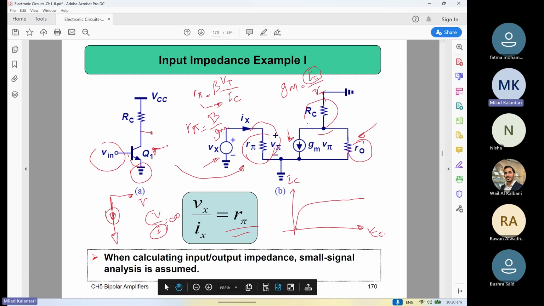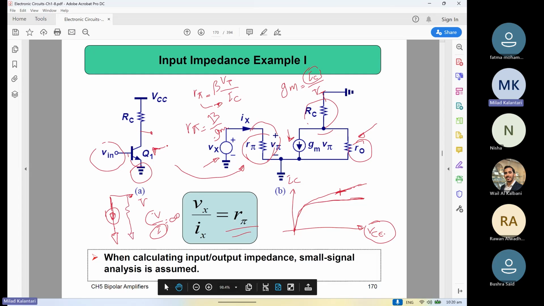But in practice for the device, this I_C curve is not perfectly fixed over V_CE. It has some slope, but the slope is not too much. So basically there is some resistance, and it is not an ideal current source.